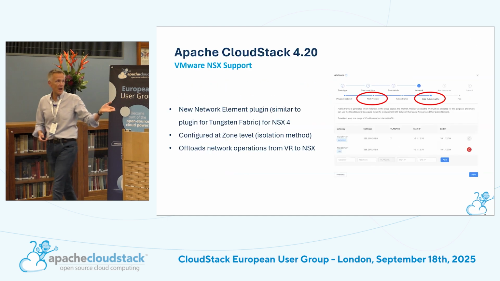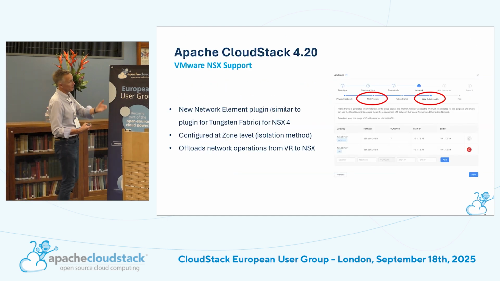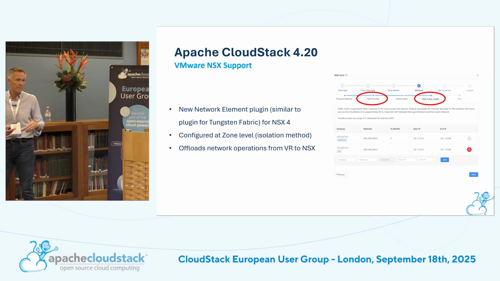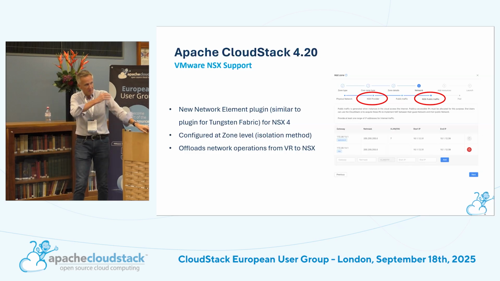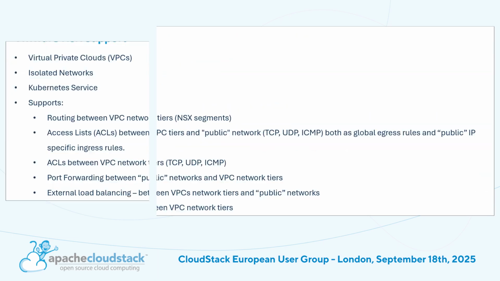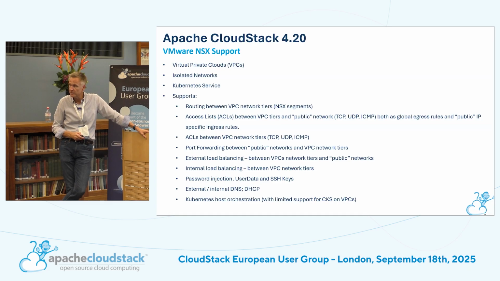And I mentioned that VMware NSX support. So that new plugin, similar to Tungsten, is for NSX4, full integration. You can now deploy and work with NSX at the zone level and have everything that NSX offers you, such as VPCs, Kubernetes, and perhaps more advanced networking solutions and architectures that you might want to use.